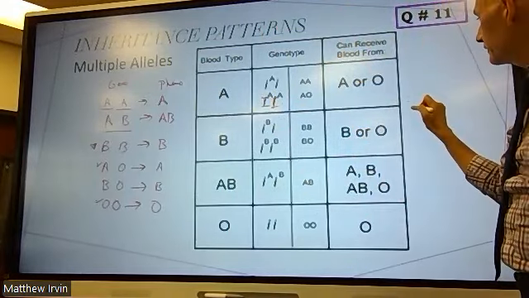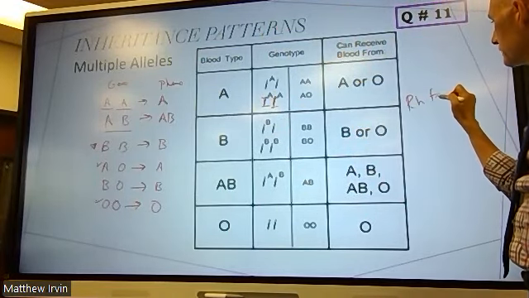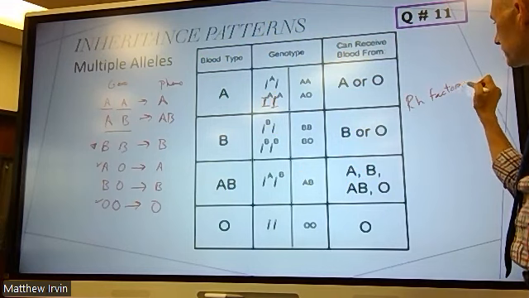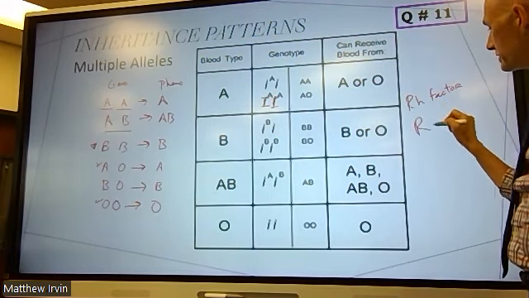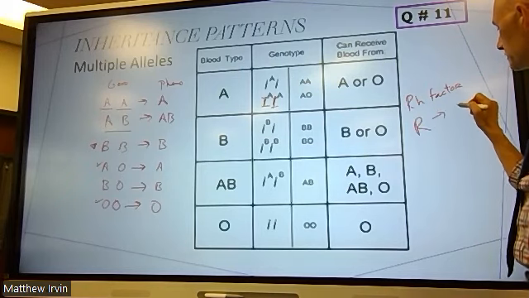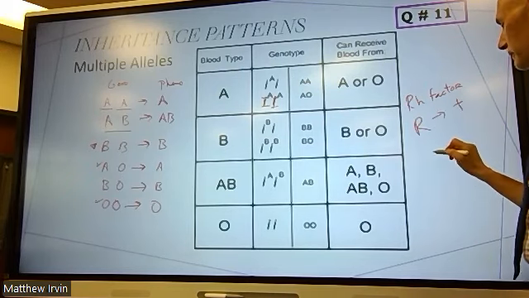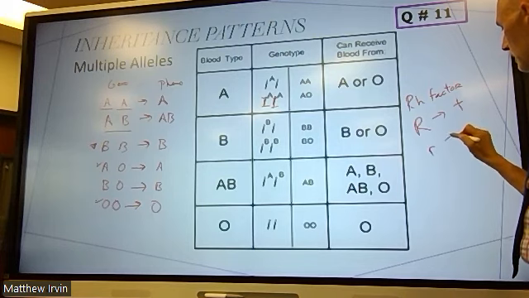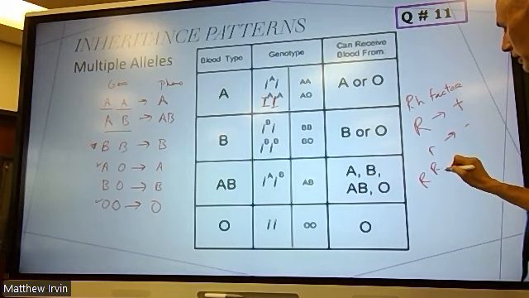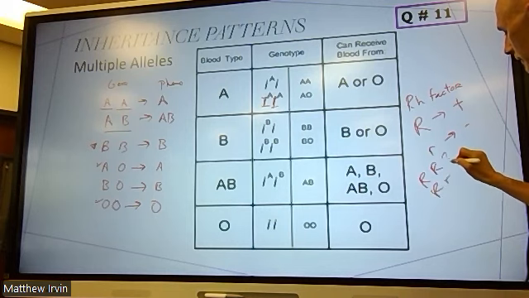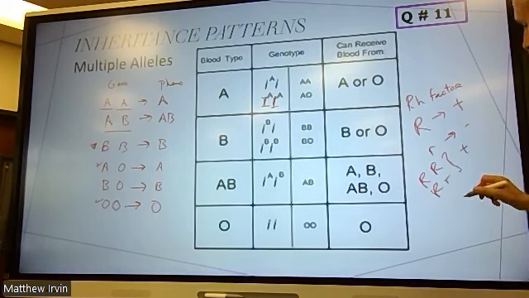We also have the RH factor, standing for the rhesus factor, because it was discovered in rhesus monkeys. And you can either have the dominant RH factor, which gives you positive blood, or you can have the recessive, which gives you negative. So if you are RR or R little r, you would have a positive type blood.